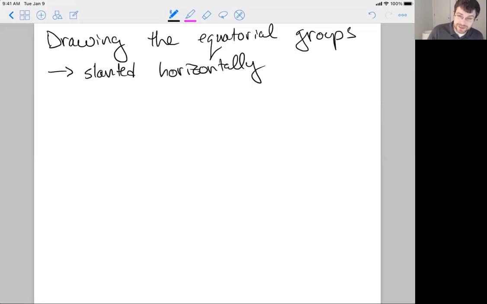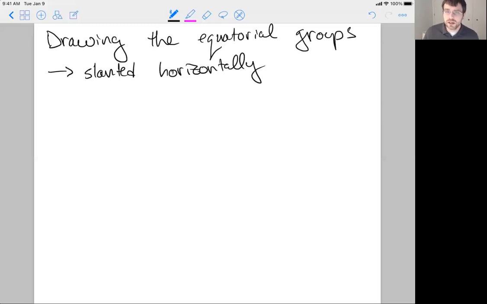And by slanted, that means there's a left-right direction, and then there's an up or down direction. That's how you get a slant or a diagonal: you have both a horizontal and a vertical component. So you have both of those components in these structures.